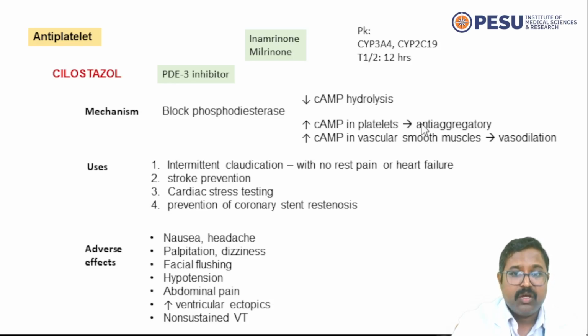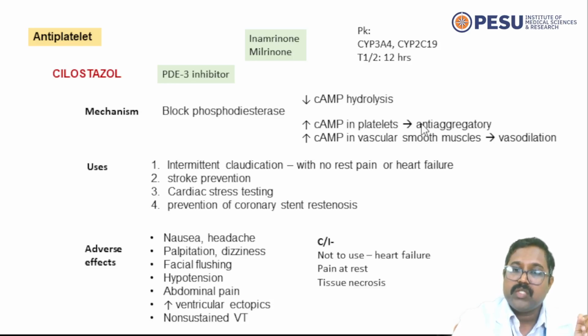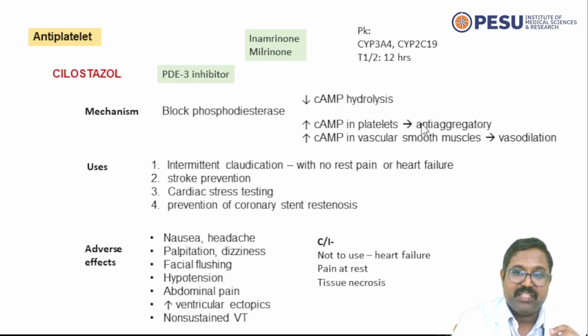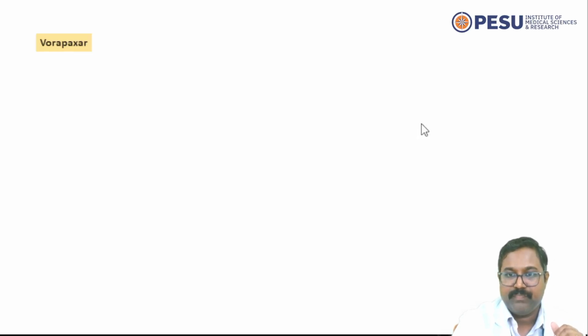Apart from that, they can cause nausea, headache, dizziness, facial flushing, hypotension, abdominal pain. There can be increased risk of ventricular ectopics and non-sustained ventricular tachycardias. So that's why they are contraindicated in case of heart failure, pain at rest and with tissue necrosis.